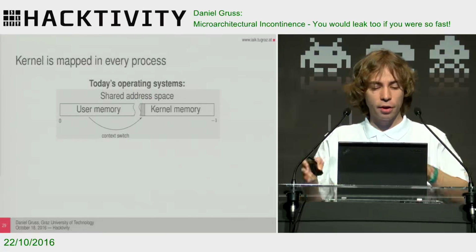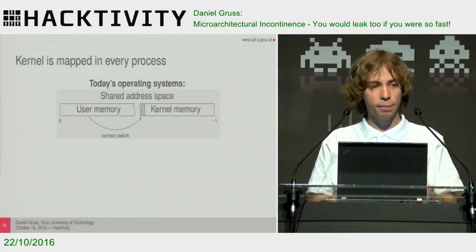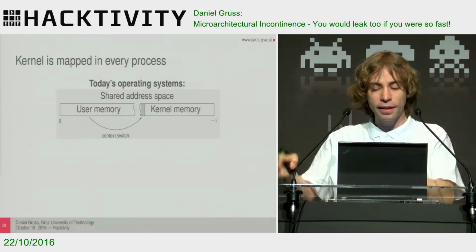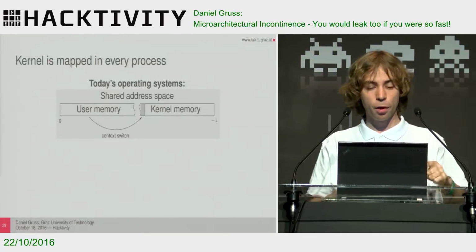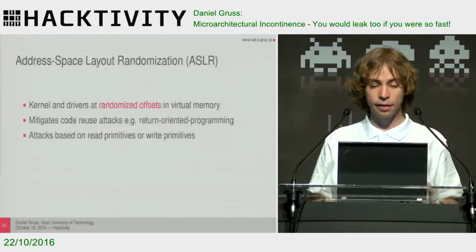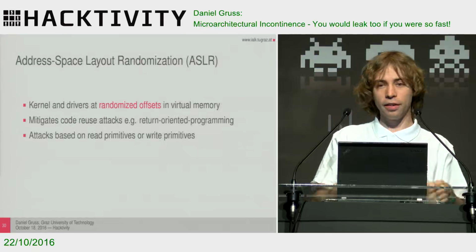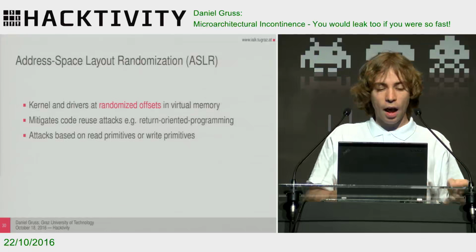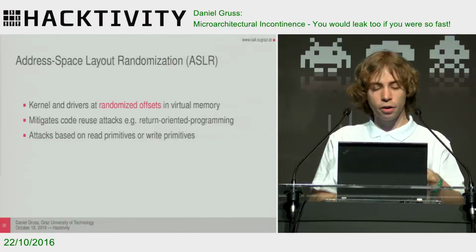So on modern systems, modern operating systems, it's usually organized like that. You have the user space and the kernel space, and the context switch just switches to the kernel space, but the kernel space is always there, and it's only inaccessible through permission flags in the page tables. Now, as you could guess a kernel address, in earlier attacks we have seen that you could exploit a kernel vulnerability if you guess the right kernel address.